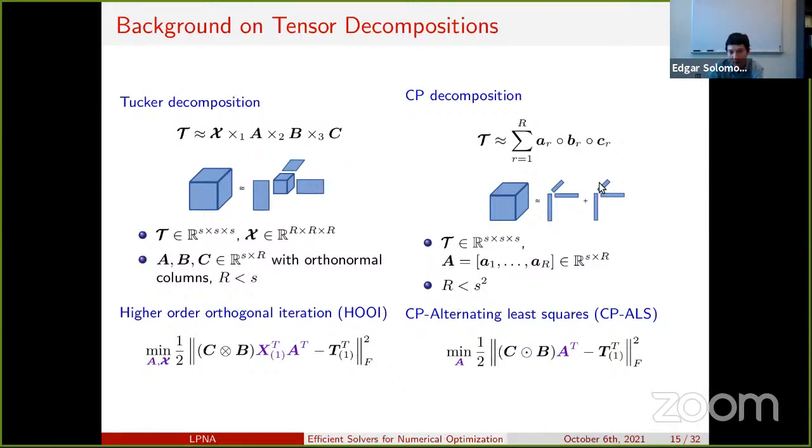Among the most common methods for optimizing these decompositions are alternating schemes, which fix all except some of the factors, and try to find the best choice of the remaining factors, which, if you work it out correctly, is a quadratic subproblem. So for the case of Tucker, the standard method is called higher order orthogonal iteration, HOOI.